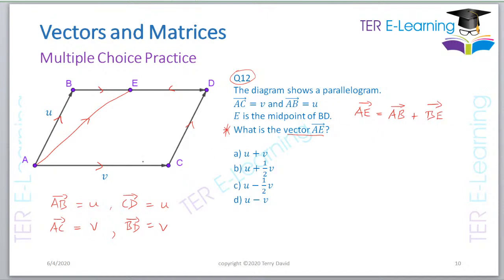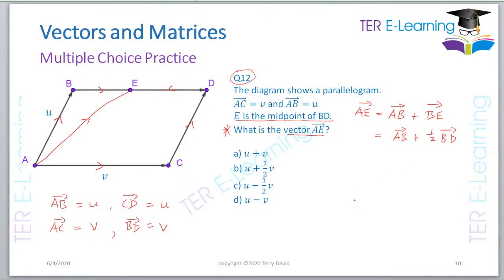Now, we know what AB is. AB is U. But BE we need to break down a little further. So this is AB plus BE. Now, if the point E is the midpoint of BD, it means that BE is actually a half of BD.